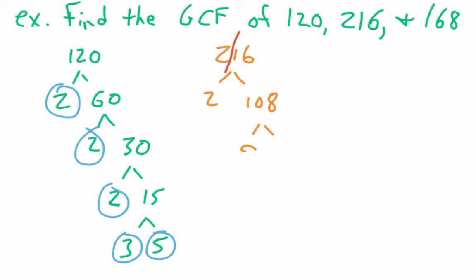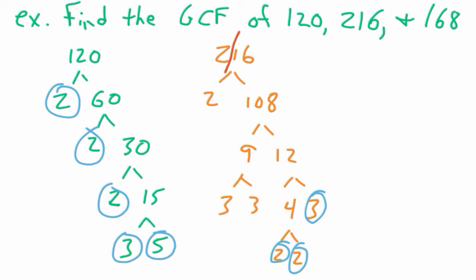If we do 9 and 12, I'd do 2 and 54, it's fine. So then we have 3 and 3, and 4 and 3, 2 and 2. So we have those numbers there for our prime factors.